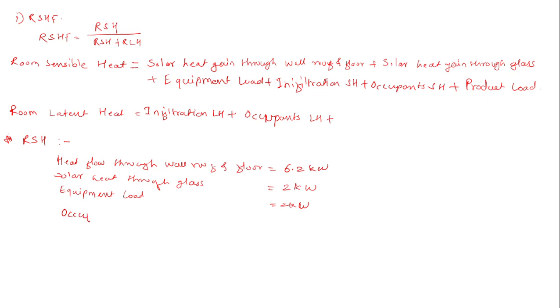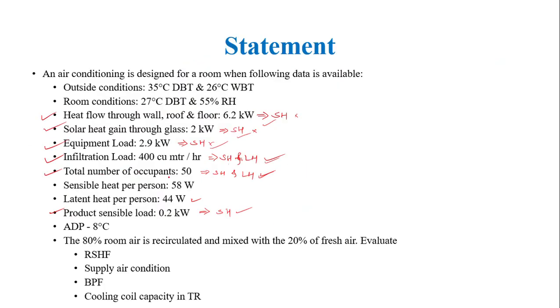Occupants sensible heat is equal to, now see what is given in this statement: total number of occupants are 50, and the sensible heat per person is 58. By mistake, many of you will take 58 watt directly, convert it into kilowatt and use this value, but it is not the correct answer. It is the heat per person that is given. So to get the total sensible heat for the occupants, I need to multiply the per person heat by the number of occupants.